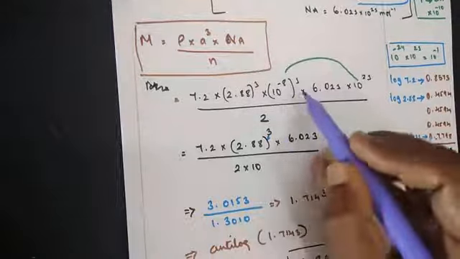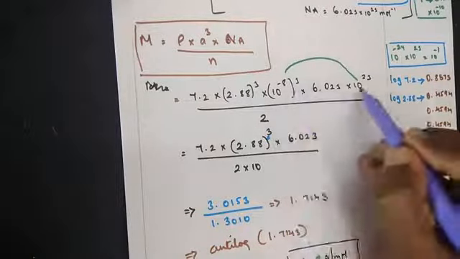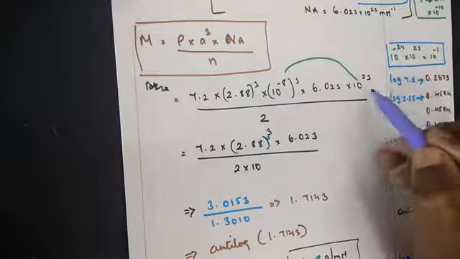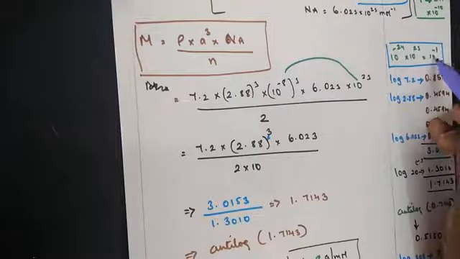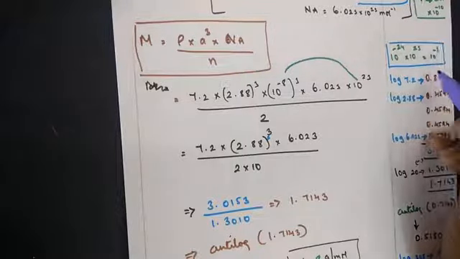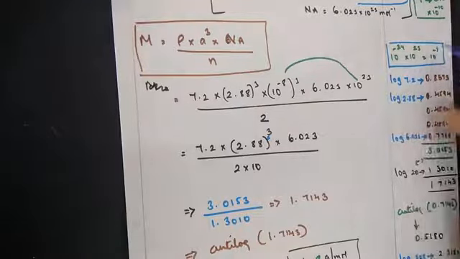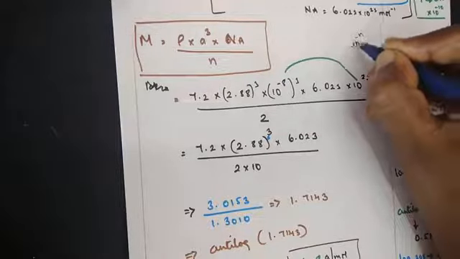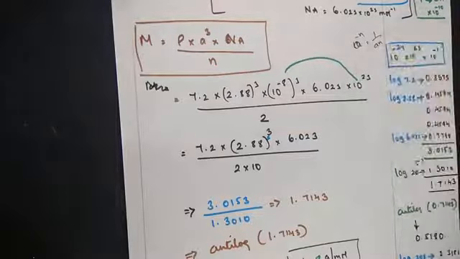The next step, you can follow the green arrow that I have drawn. These two I'm simplifying here itself. 8 3s are 24, minus 24, 10 to the power 23. So the law of exponents gives us 10 to the power minus 1 as the answer. Now 10 to the power minus 1 can be written in the denominator. You might be remembering the formula that you have learned: a to the power minus n can be written as 1 by a to the power n.